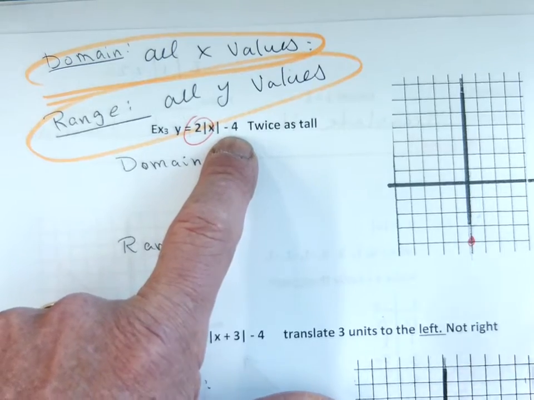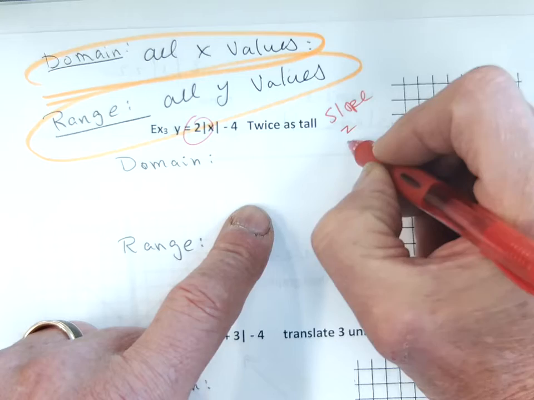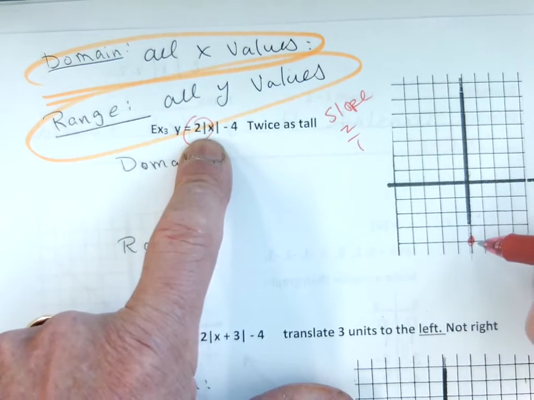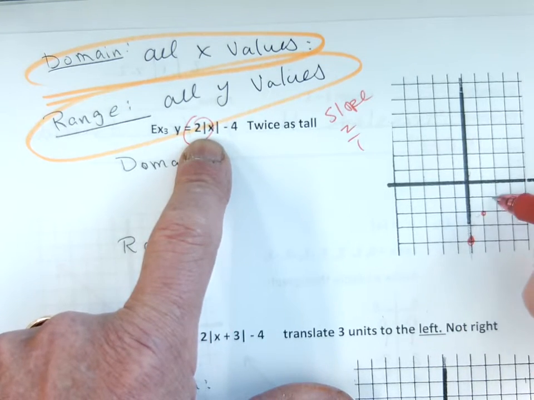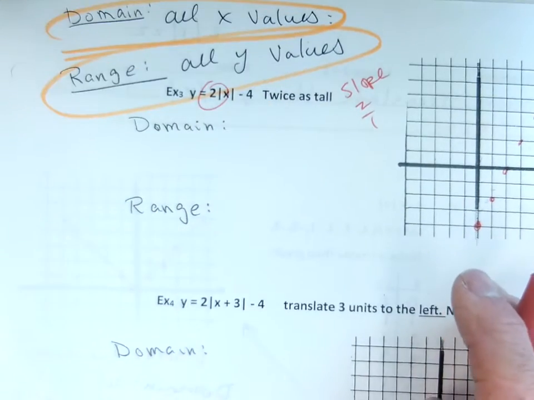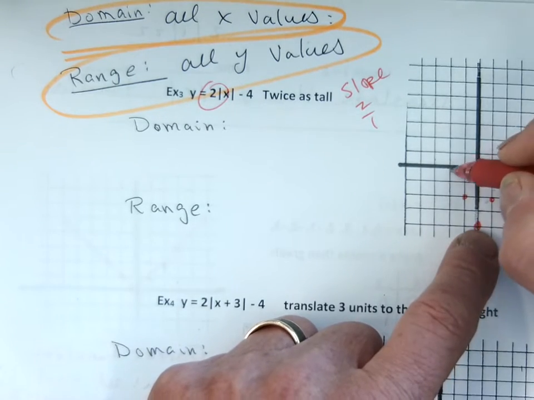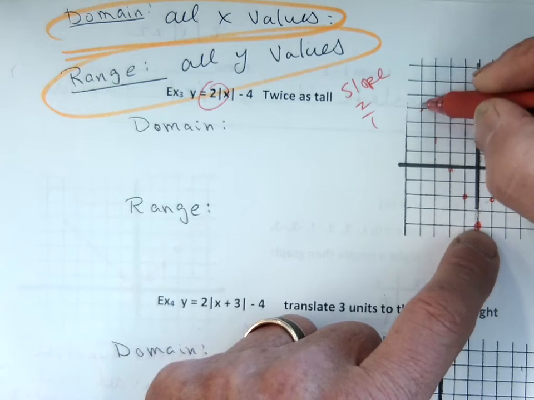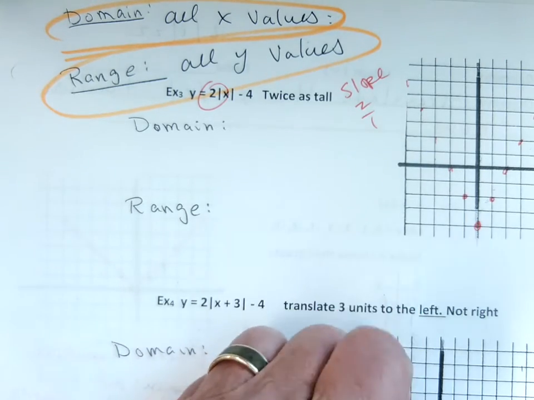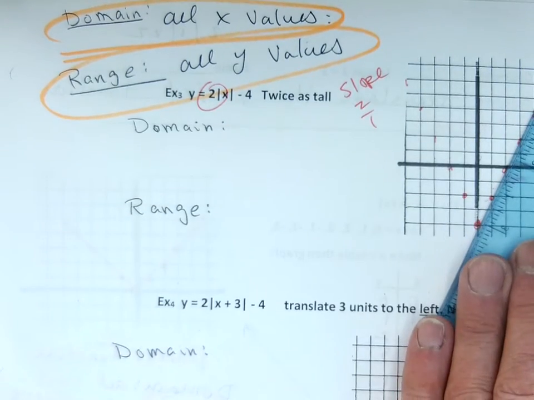And then I'm going to think about a slope of 2/1, or twice as tall. It's a stretch. Up 2/1, up 2/1, up 2/1, up 2/1. And of course, the same thing on the other side, except it's going to be a slope of -2/1, but it's still the same stretch. Up 2/1, up 2/1. And I'm going to graph in my absolute value function.